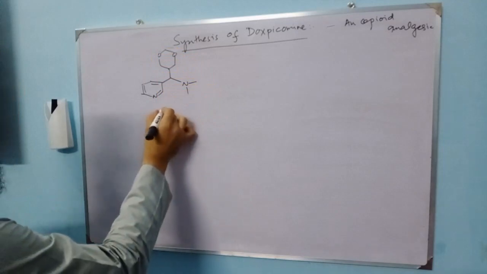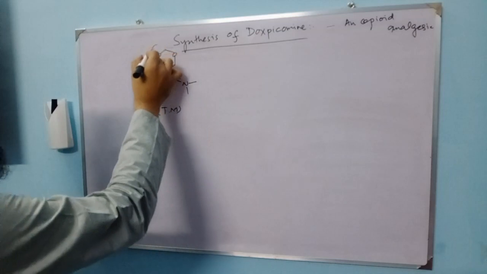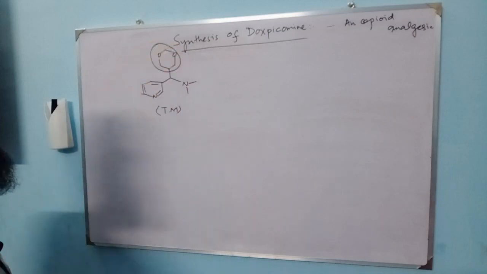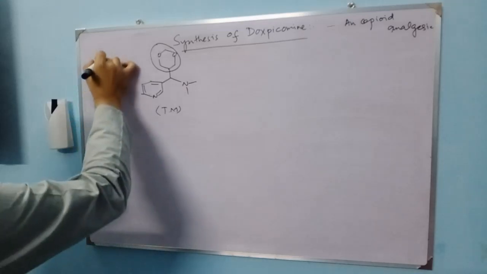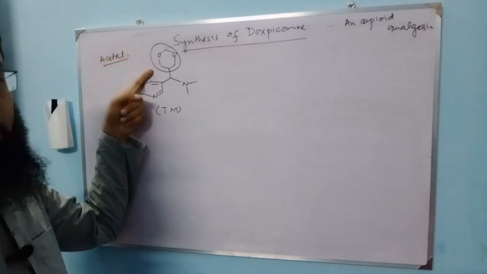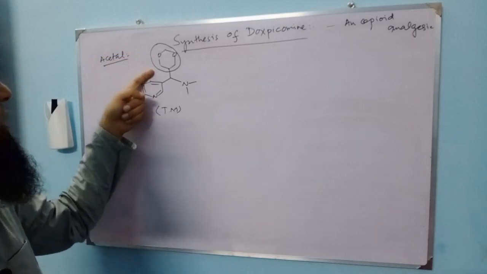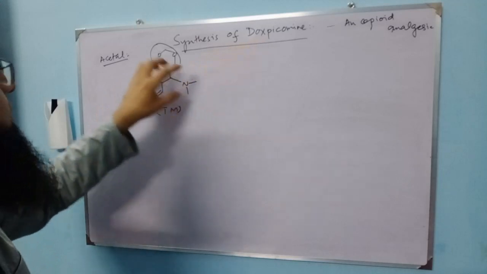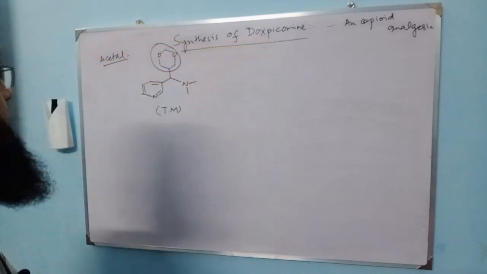So this is our target molecule. In this case, we can see that we have this functionality, and this functionality is basically an acetal. Acetals or ketals are protecting reagents, but here it is an important structural feature of doxycycline.